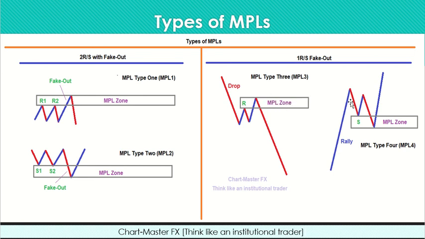Lastly, we have the type 4, where the price is coming from a rally, then it creates a lower. So we have support there, then that support is broken, then the price creates a lower low. Once we see such conditions, then we can draw our MPL zone.